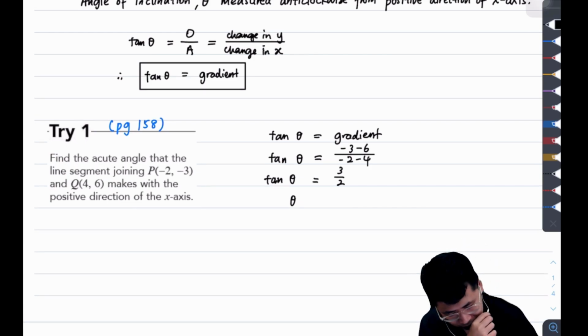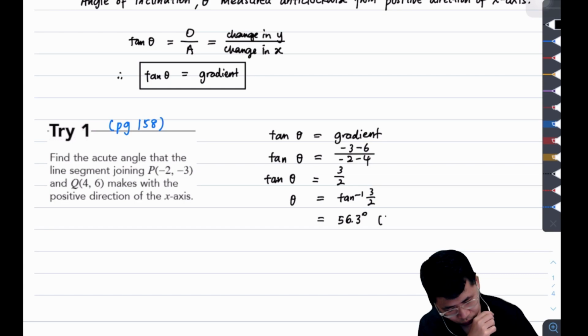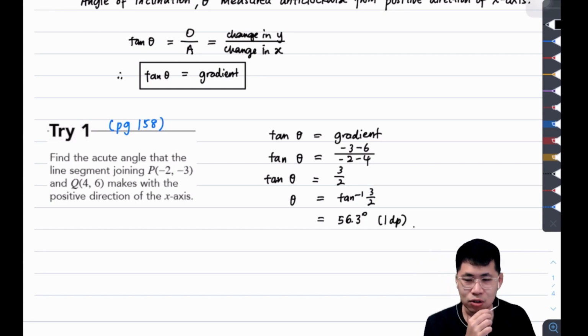So the angle is equal to inverse tangent of 3 over 2. So what is this angle? 56.3 degrees to 1 decimal place. So in order to find the angle again, we look for the inverse tangent of the gradient.